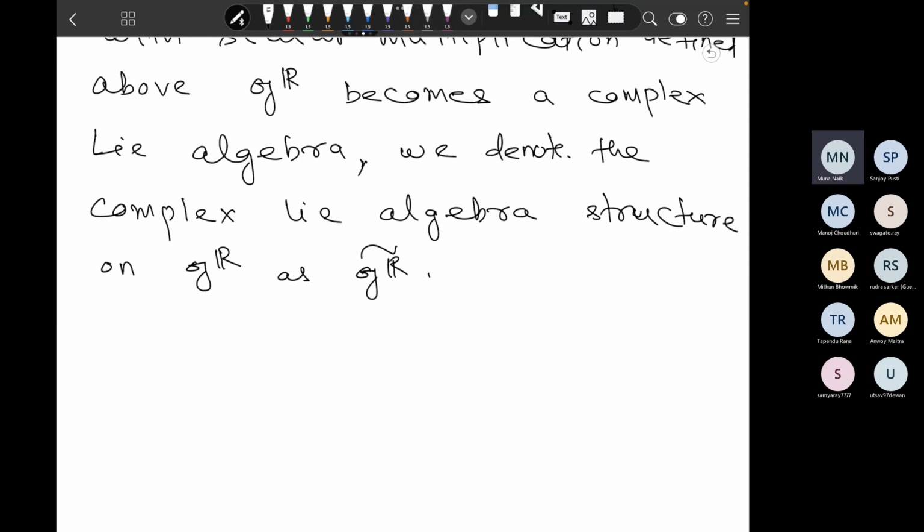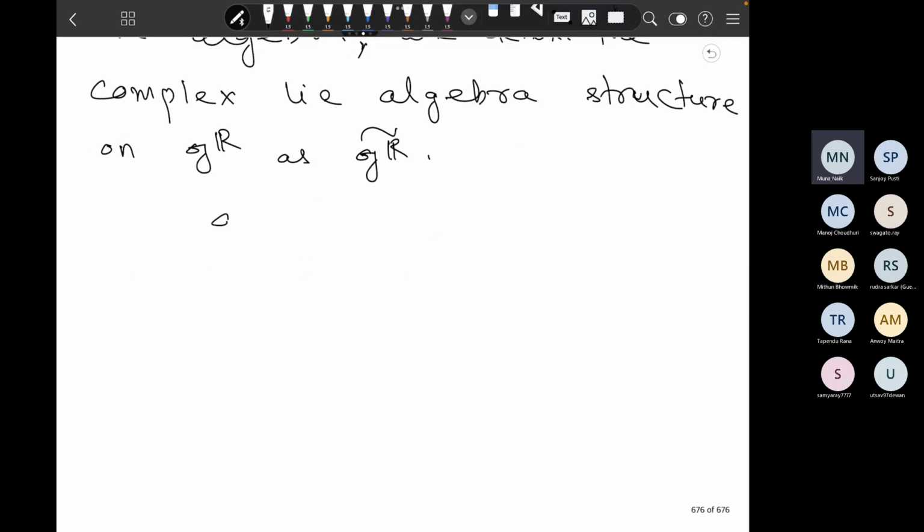If you look at this, the real Lie algebra structure of G_R tilde becomes G_R. So this thing is not important.